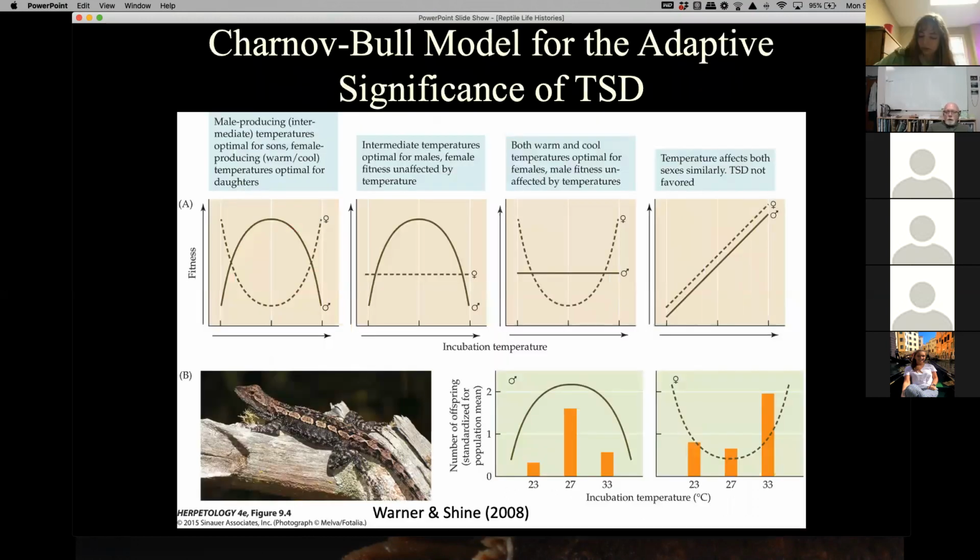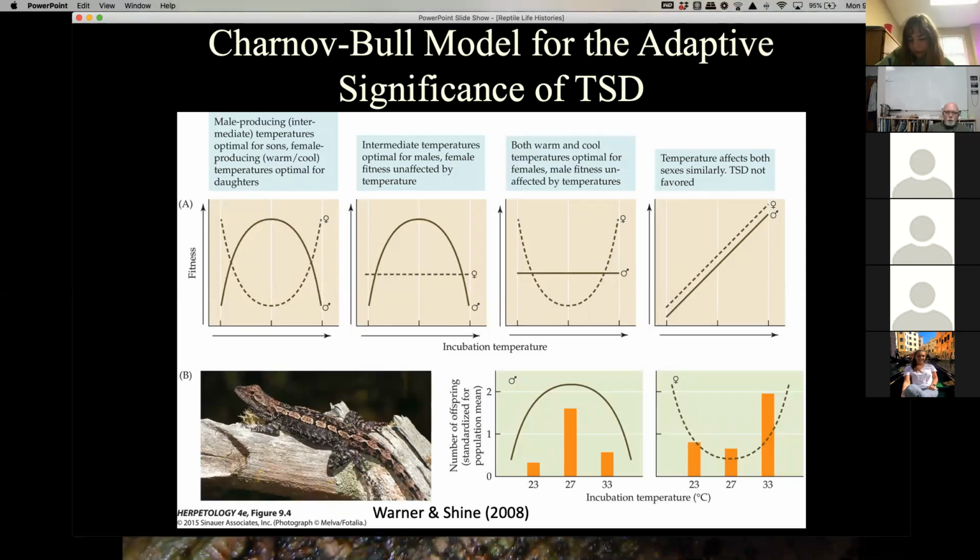So these two guys, Eric Charnov and Jim Bull, back in the 80s, put forth this idea that the only way that you can have temperature-dependent sex determination evolving is if there is an adaptive significance to it. The adaptive significance would be that your fitness as a male will be highest at those temperatures that produce males.